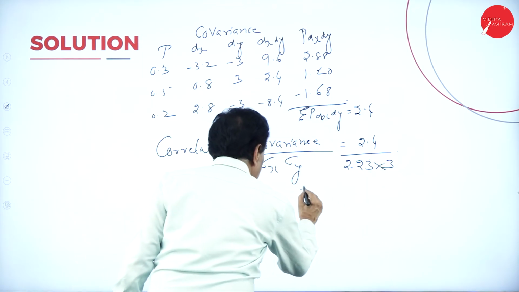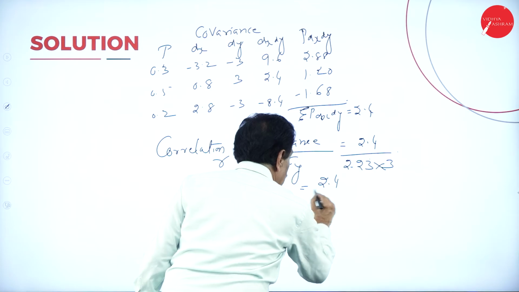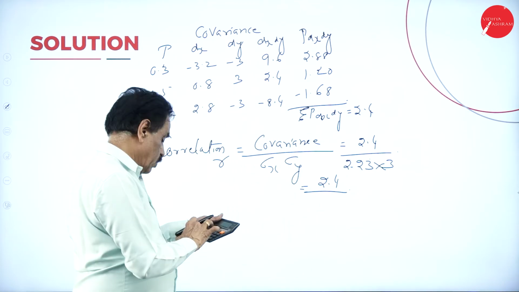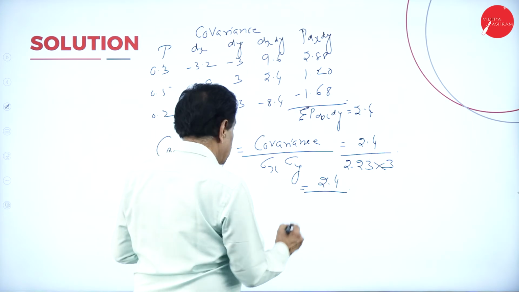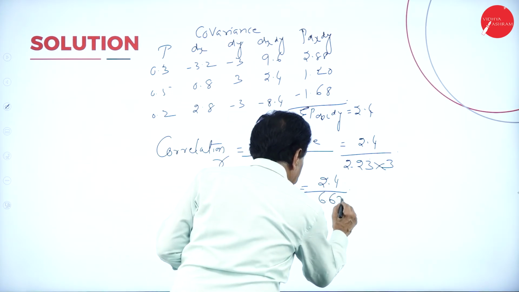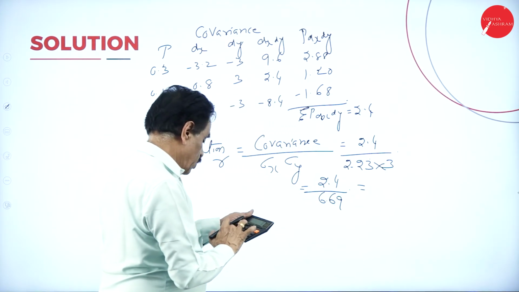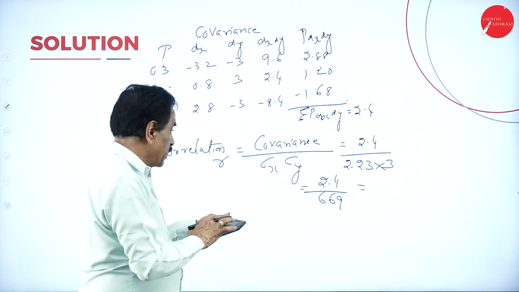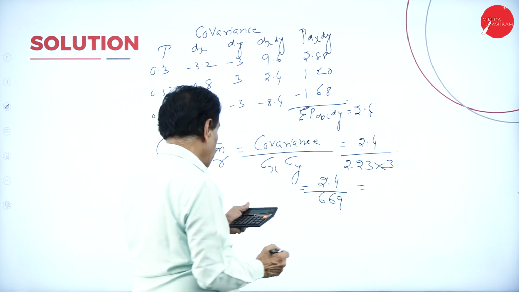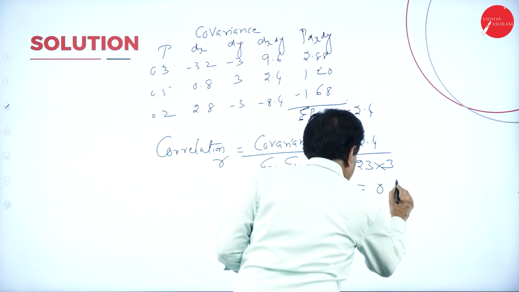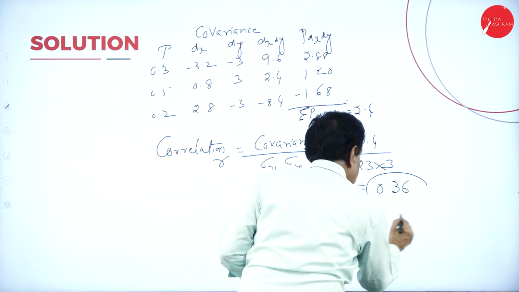So this is 2.4 divided by 2.23 into 3, which is 6.69. 2.4 divided by 6.69 is 0.36. This is your correlation.